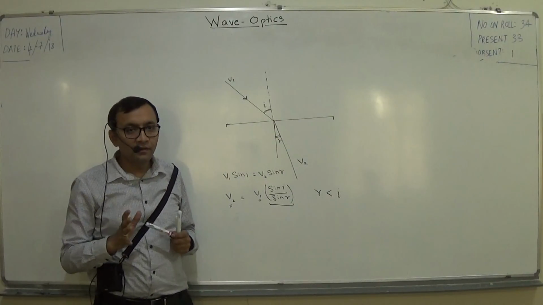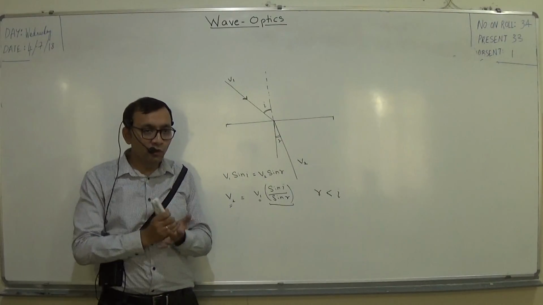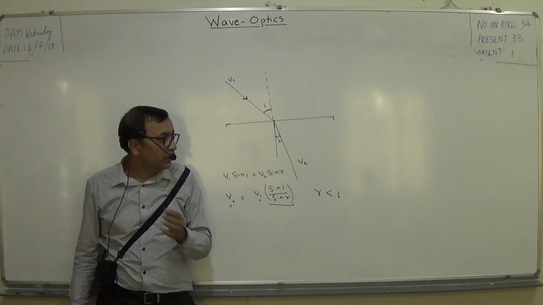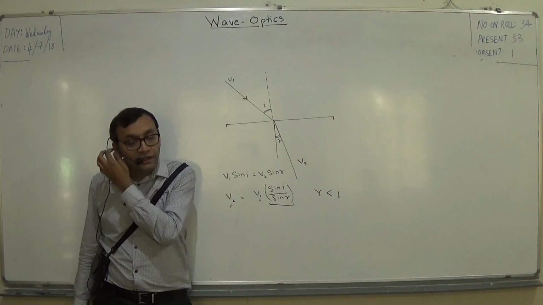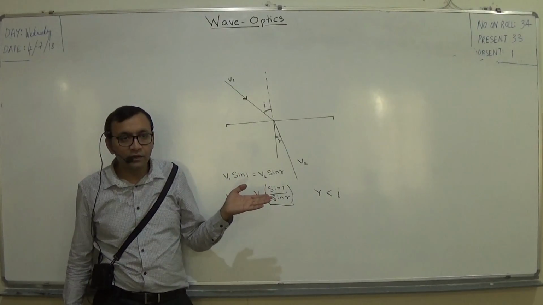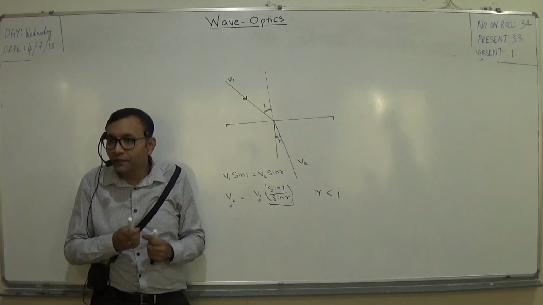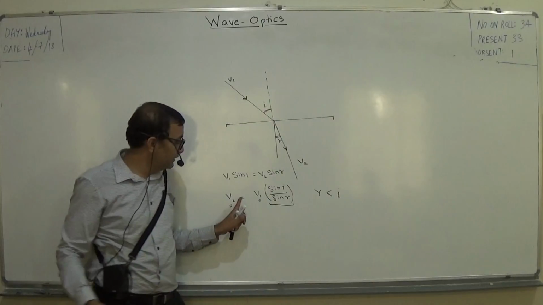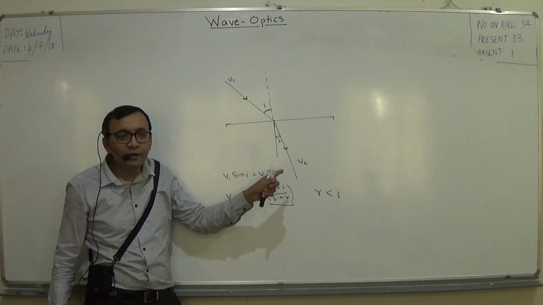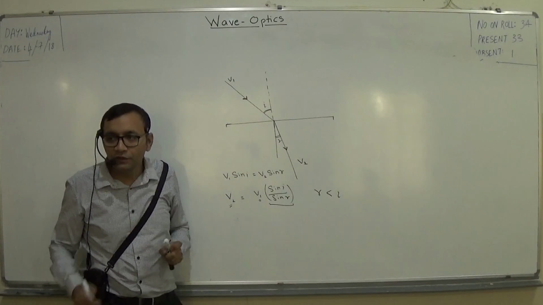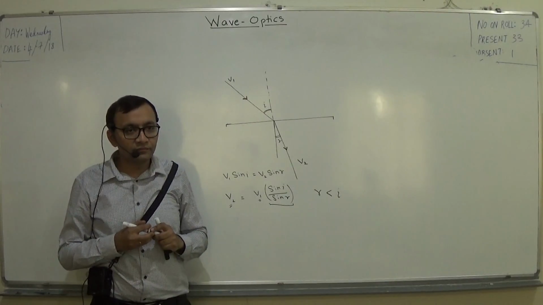But later on we came to know, when Newton suggested all this, there was no experiment to check how much the speed of light becomes in the denser medium. But if Newton is correct, then the velocity of light in a denser medium would be more than the velocity of light in the rarer medium, which is of course not correct.